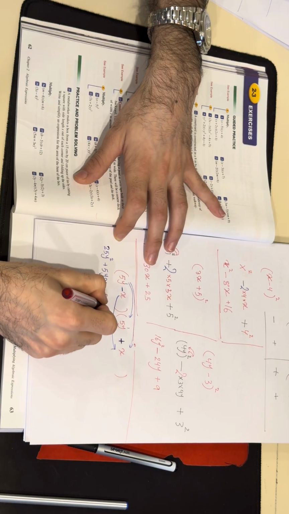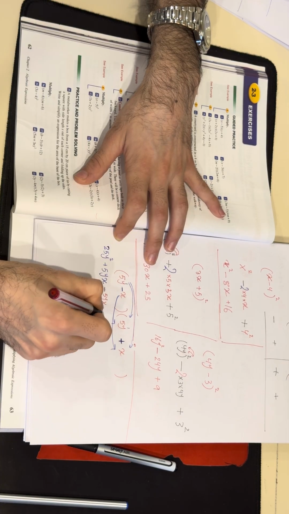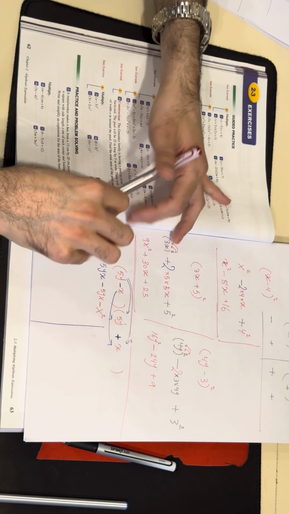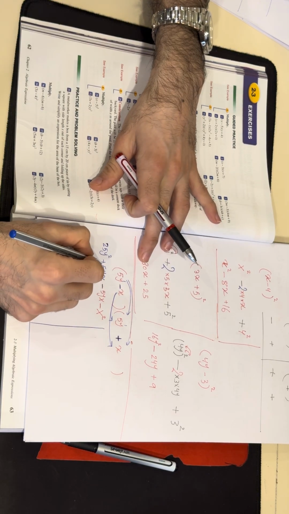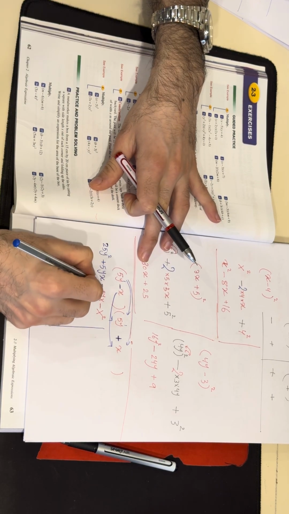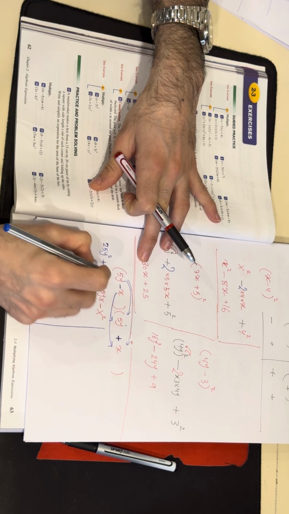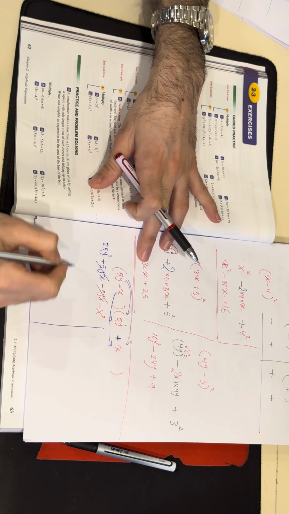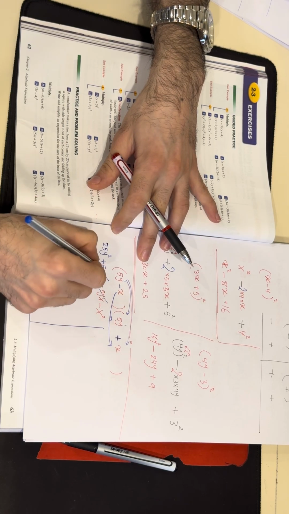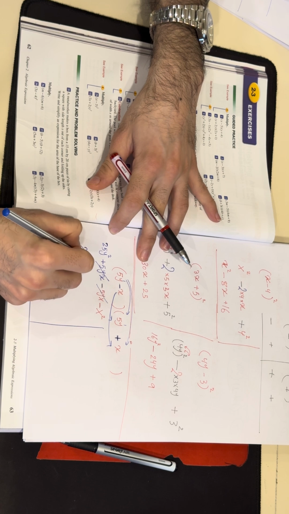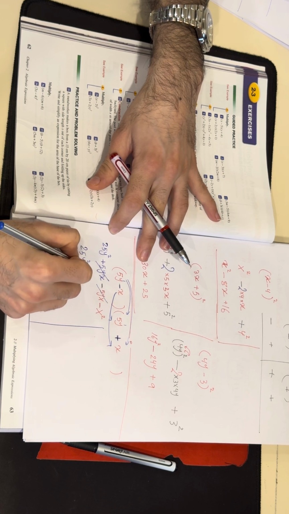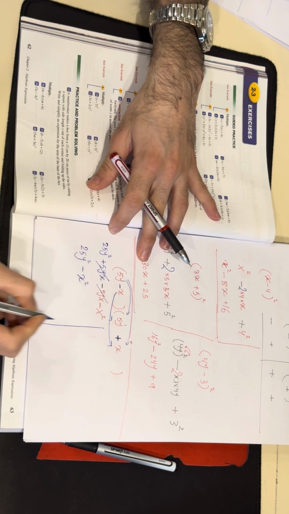Negative times positive, negative. X times x, x power 2. Didn't we study this one? We said if you have positive and negative with exactly the same thing, they will cancel. Yes, we studied this one. So this will cancel. What's left? 25y power 2 minus x power 2.